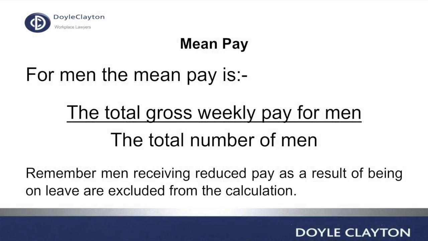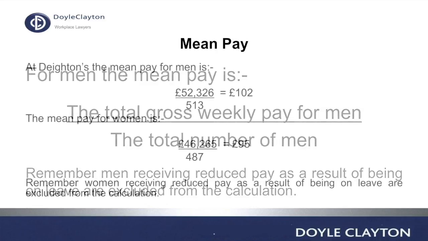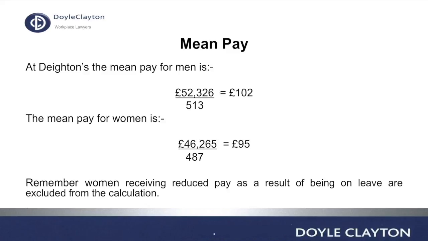To calculate the mean gross hourly pay rate for the male employees, you add the gross hourly pay for every male employee and then divide the total by the total number of male employees. You then do the same for women. Verity, would you give an example? If we look at Dayton's, it has a total of 513 men and 487 women.